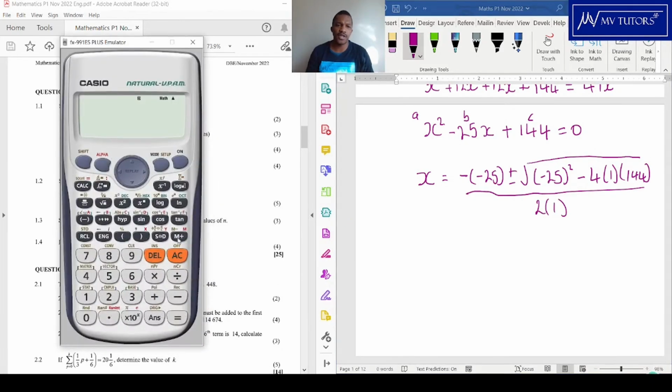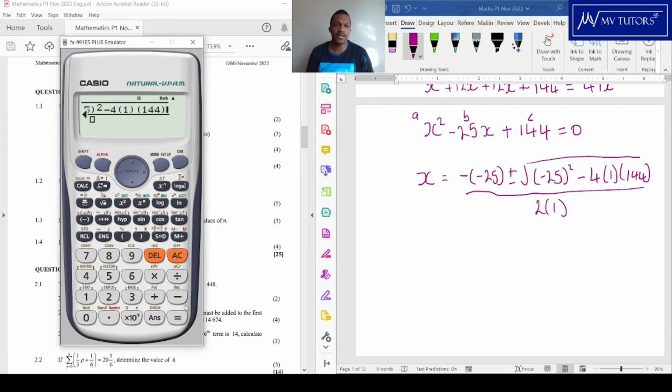Right, now let's bring in the calculator. We're going to say minus, open bracket, minus 25, close the bracket. Let's start with the plus, square root sign. Under the square root, we've got minus 25 squared, minus 4AC, and A is just 1, and C is 144.